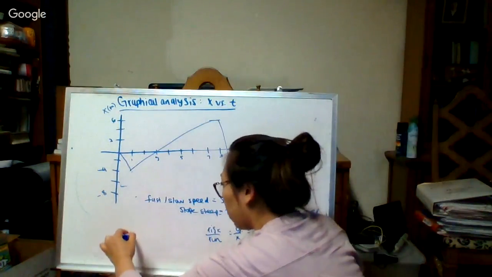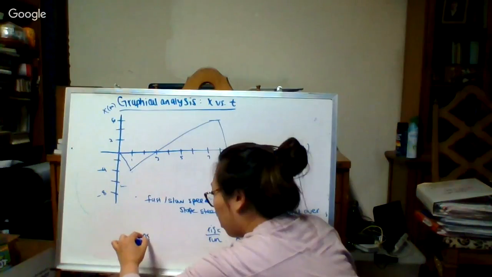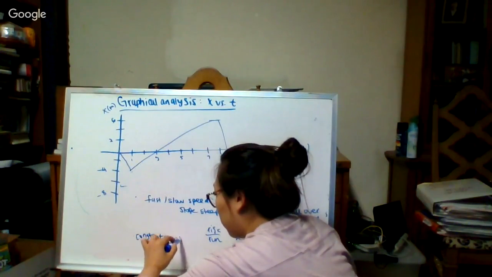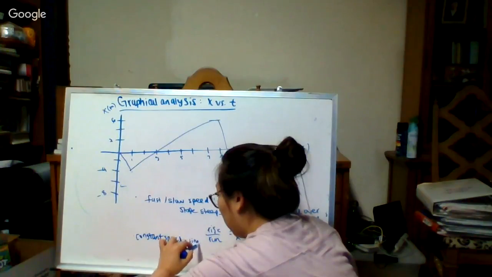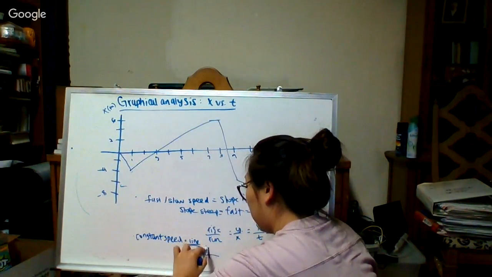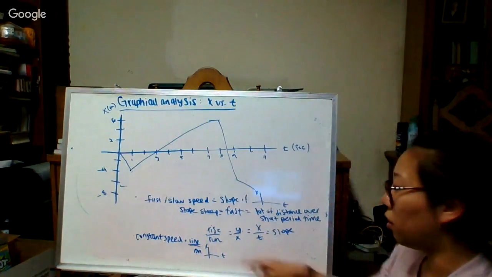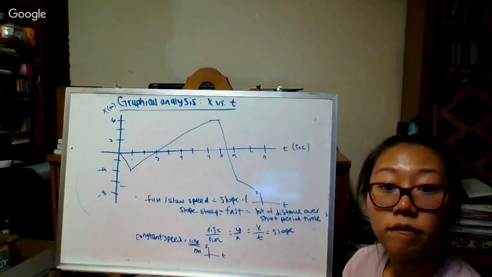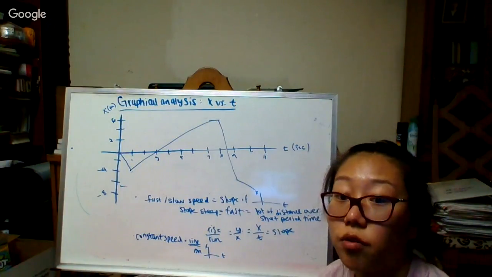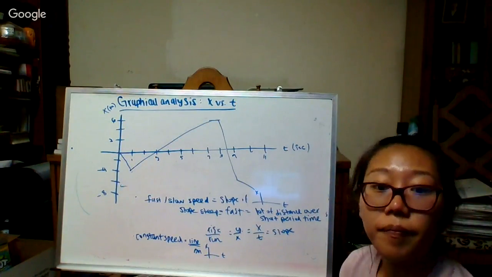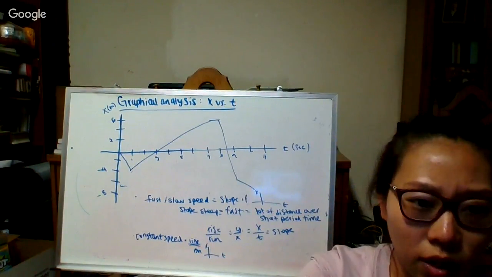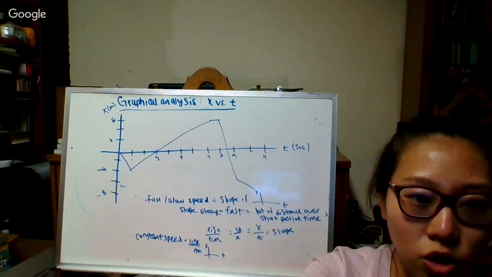So constant speed is a line on the x to t graph. Fastest velocity, highest magnitude of velocity. Yeah, that is right. Does anybody have any questions on this portion?